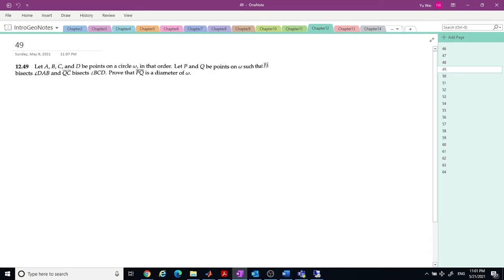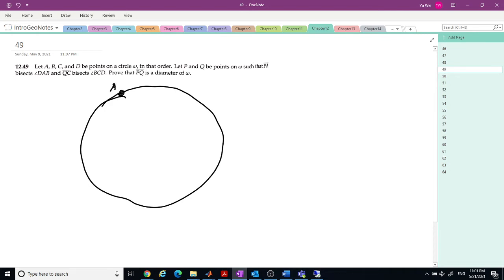Next is: A, B, C, D are points on a circle in that order. So let's do this. Of the circle, then we have A, B, C, and D. Okay, so we have an inscribed quadrilateral, a cyclic quadrilateral. Let P and Q be points on the circle.